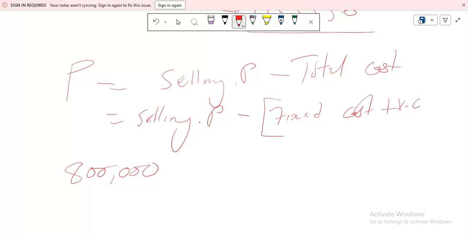So let the number of units that give this profit be equal to X. You know that the selling price is 220, but how many units are you going to sell in order to give you this profit? We're going to say X. So 220 multiplied by X, minus the fixed cost, which we are already given as 1,200,000.